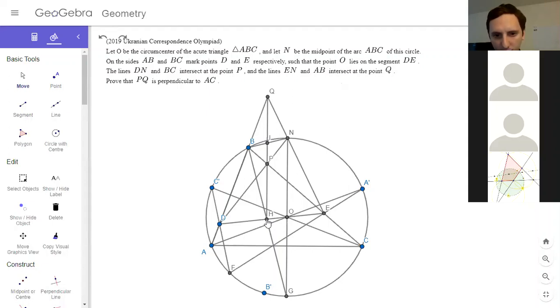Because this is harmonic, it should go to a harmonic thing, so I goes to N, Q goes to A, P goes to C, so H' should go to G. So B, H', and G are collinear. So we can arrive at the fact that Q, P, H are collinear.